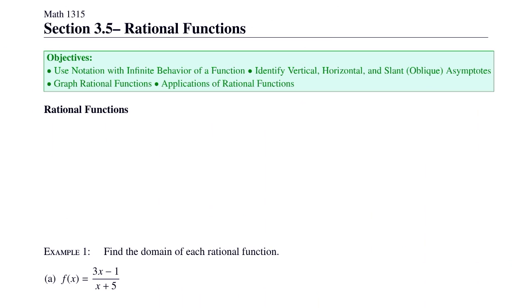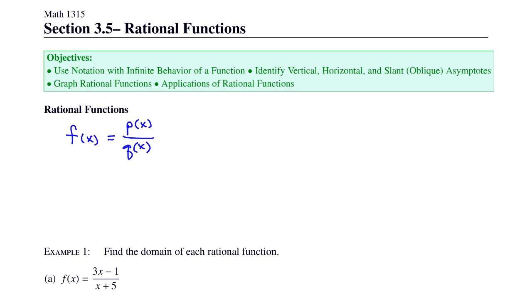All right, today's lecture is over section 3.5, rational functions. So let's look at the definition of rational function. We start with f of x is equal to p of x over q of x.